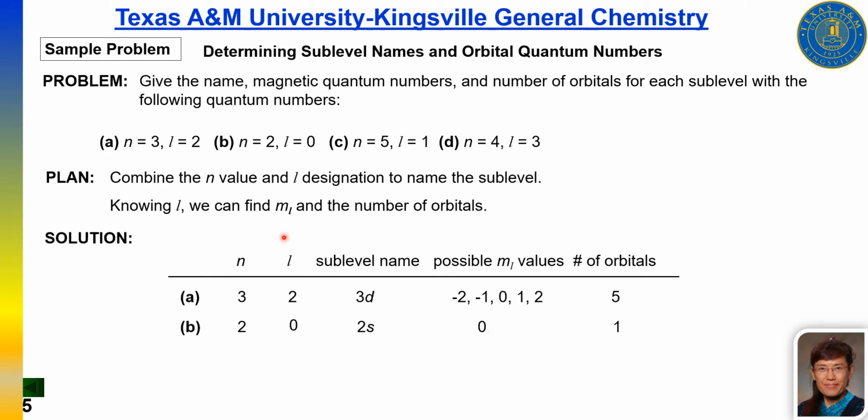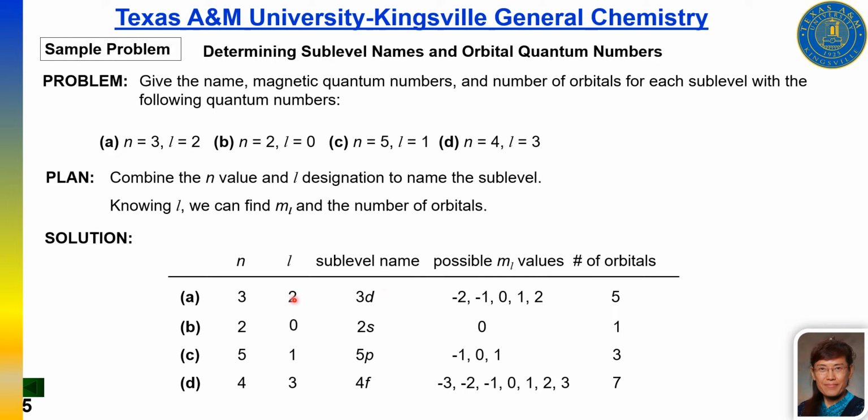So let's see. Question A. My n is 3, your L is 2. You put 3 first. And then this L, if it's 2, you call it D orbital. So therefore, you call it 3D orbital. 3D is the subshell name. So what are the possible ML values?